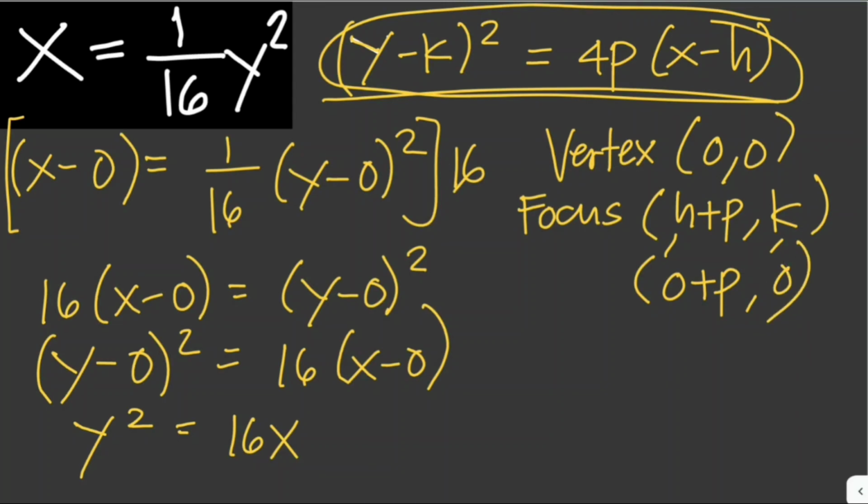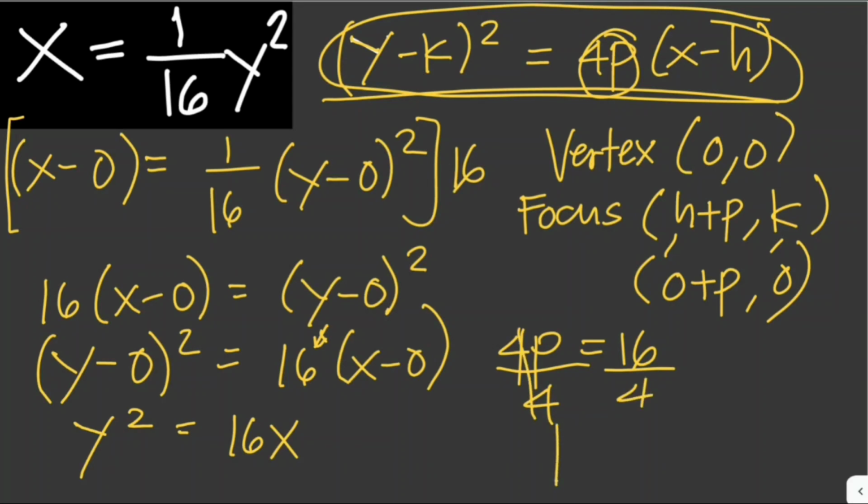We can solve for the value of p by equating 4p to 16. So that would be 4p equals 16. We divide both sides by 4. Therefore, p is just equal to 4. So the focus would be 0 plus 4, because p is 4, so that is 4, 0.